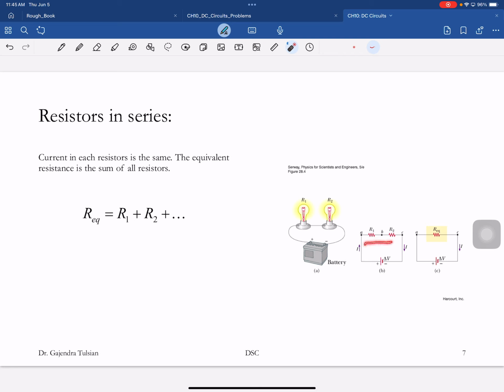All right, so here are resistors connected in series. This is how those strings of Christmas lights are connected. What's the problem with this connection? For every additional string you attach, there is less power to each light.